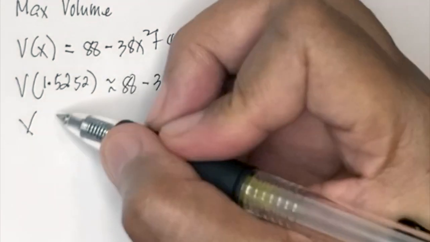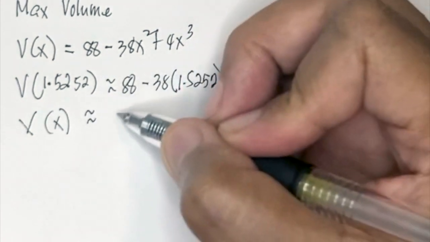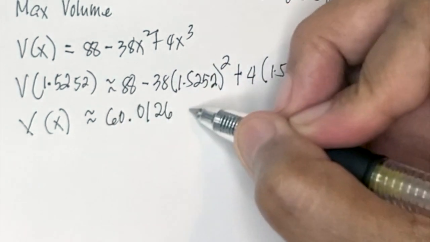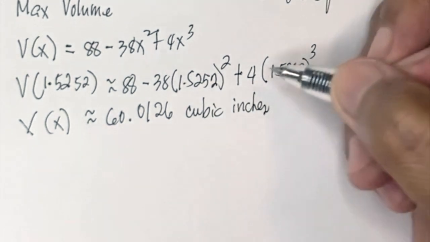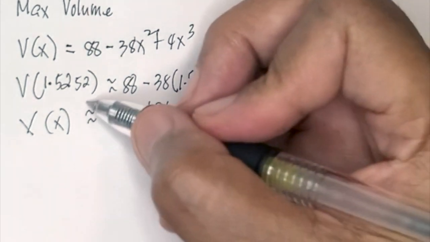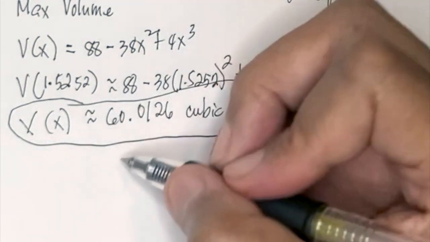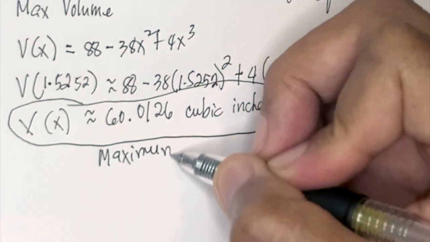That should give us a maximum volume of approximately 60.01 cubic inches. Exactly the same as the one we got using the graphical method.